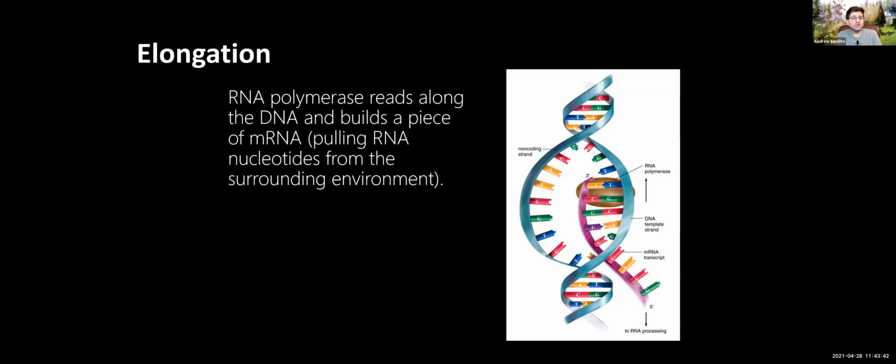Elongation's easy. We just ticker tape along the template and we make a piece of RNA. We just go. Now, this can have errors, but we don't talk about errors, because here's the key. I want you to think of it this way. Here's a DNA. Imagine a whole bunch of polymerases bound to that DNA, and each one of those polymerases is making a piece of RNA.